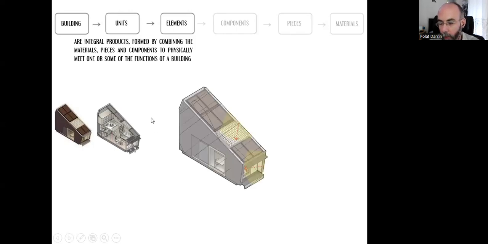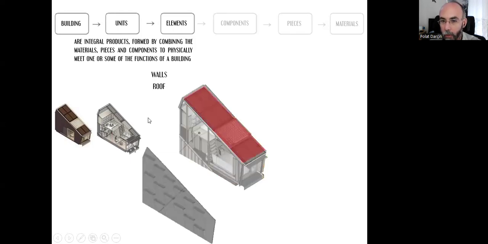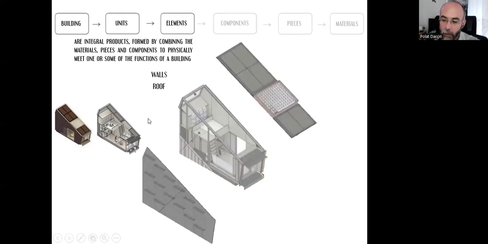We have lots of different examples, such as walls, roofs. These are the subjects for our next semester. Hopefully, in spring semester in building science 2, we are going to dive into details of these elements.